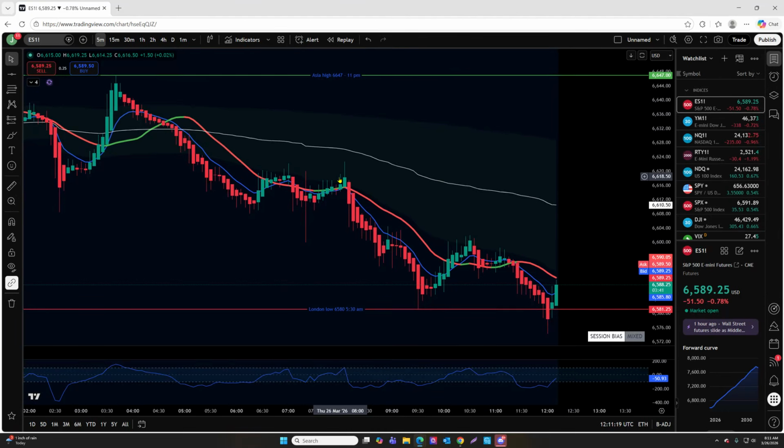So 8 on this UTC is 4 a.m. Eastern time, which is the London Open. They're 5 hours ahead of us, so they're at 9 a.m. London time. So they're getting up, having their tea and crumpets and all the good stuff.